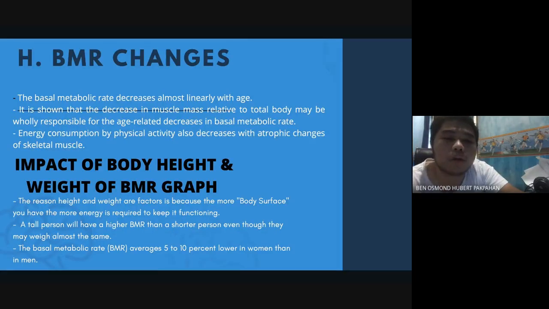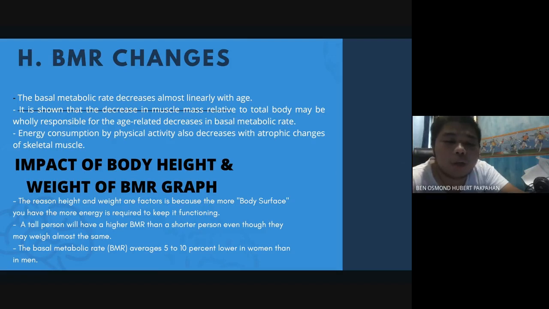For the last one, H, the instruction is to describe in a sentence the changes in BMR value for every increase of 10 years. The basal metabolic rate decreases almost linearly with age. This was also mentioned by Alia before.